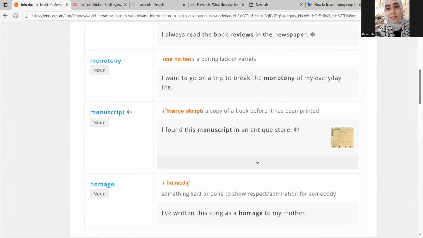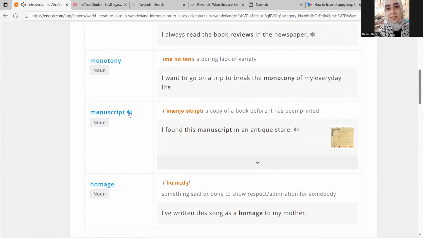This one, where is the stress, in the first? Manuscript. Let's see. Manuscript.